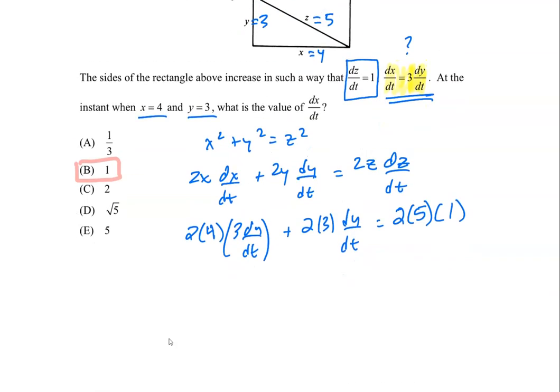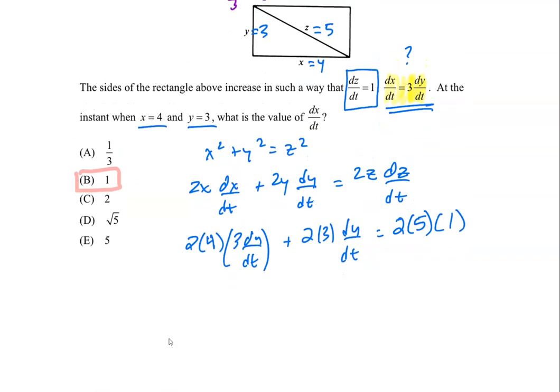Which is 1? How did you know? Right here? Oh, it's up there. Sorry. Yep. I was looking at the X. Nope, we're good. All right, so now, 2 times 4 times 3, that's 24 dy dt. 2 times 3 is 6 dy dt equals 10.